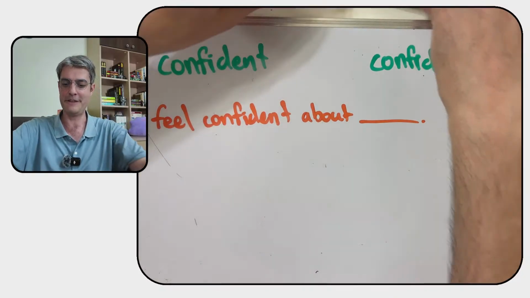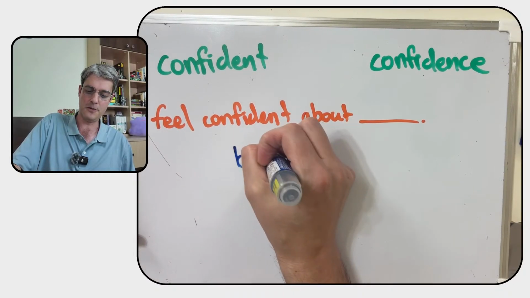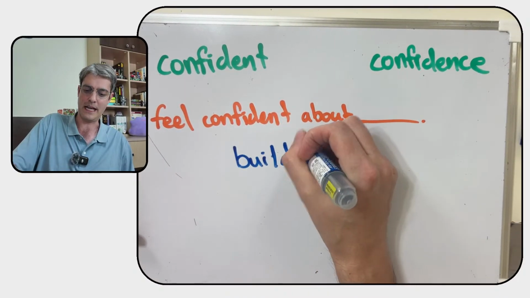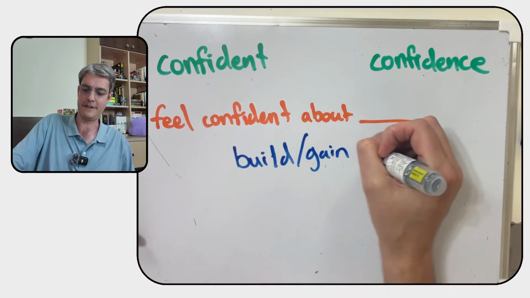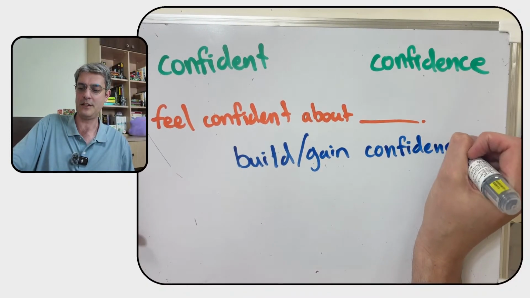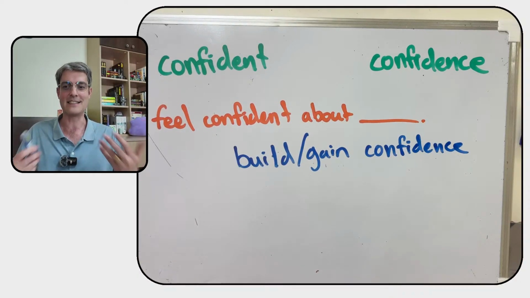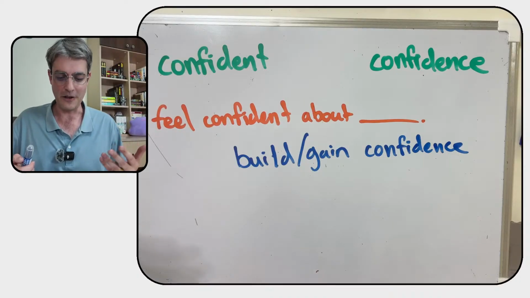When we're using confidence, we have a few good collocations here. We can build or gain confidence. All right, so this would be taking action to build your abilities and skills so that you feel like you can do something very well.